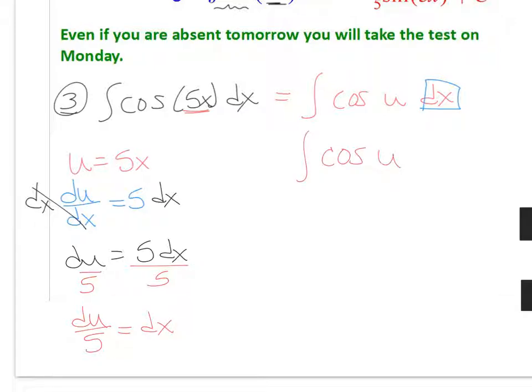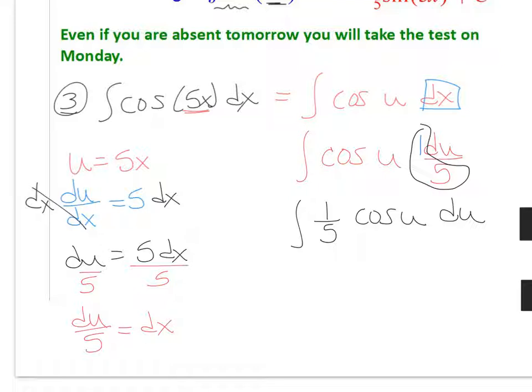So instead of dx, I'm going to write du over 5. Well, now there's a 1 in the numerator, and what I'm going to do is take that coefficient of 1/5 and write that in the front of my problem. Here's that 1/5. And now I can do the antiderivative.